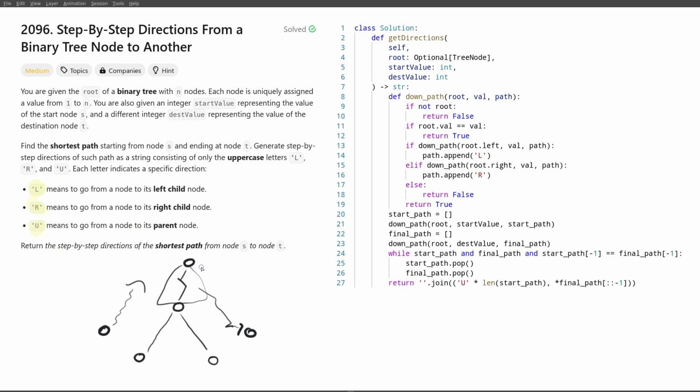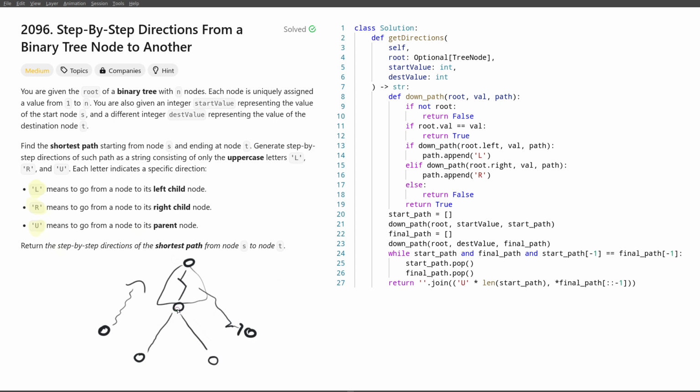And what we can also see here is that those paths are just the path from root to the left one, from root to the right one. But this common part here, we want to exclude, because that's the path to their lowest common ancestor.